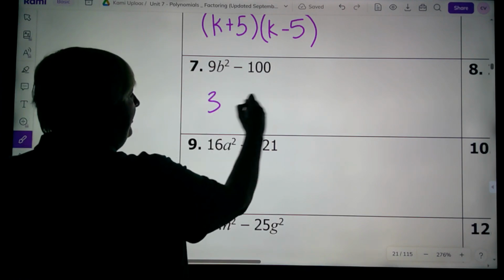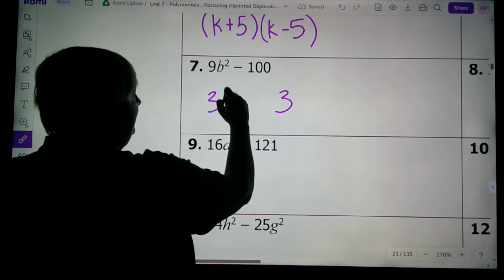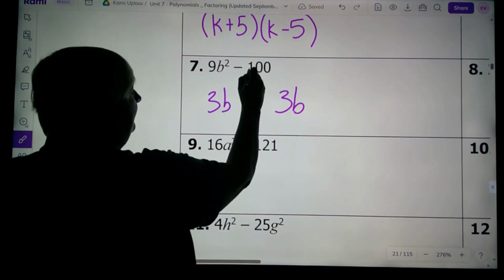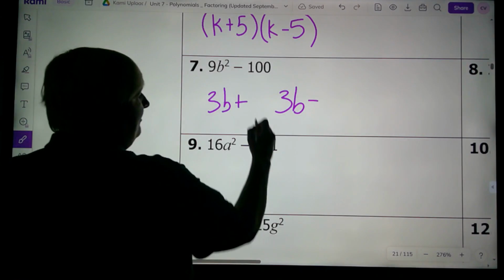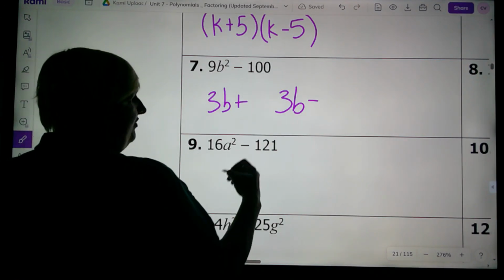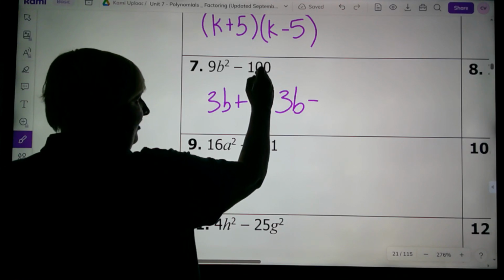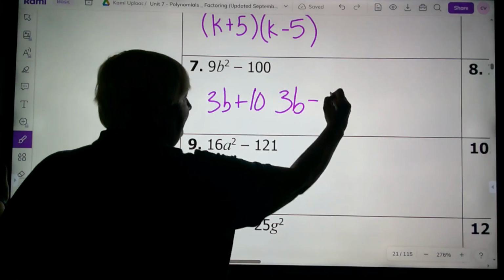9 is 3 squared. B is our variable. One of them is going to be plus, one of them is going to be minus. The square root of 100 is 10. 10 times 10 is 100.